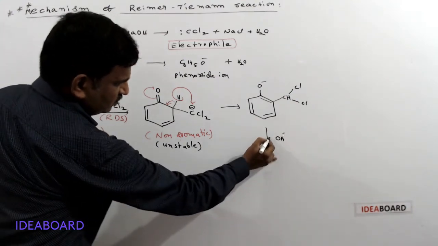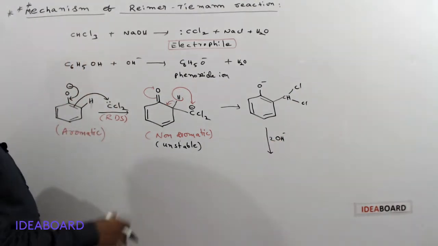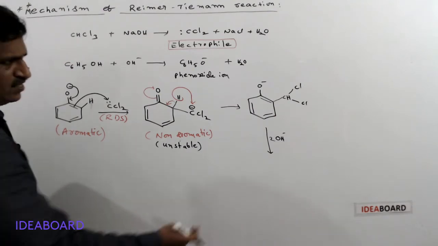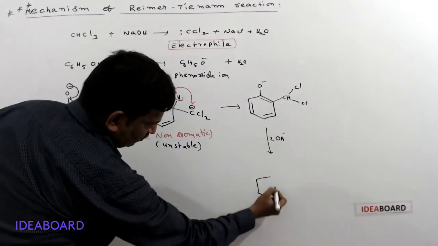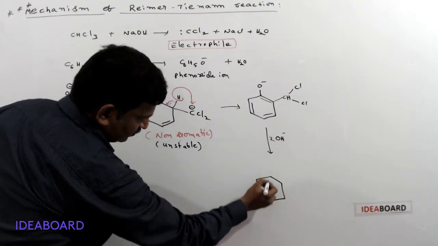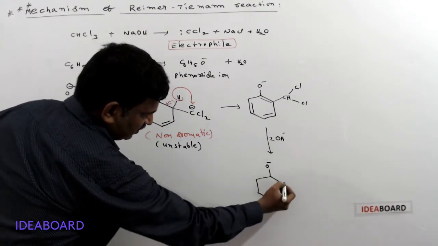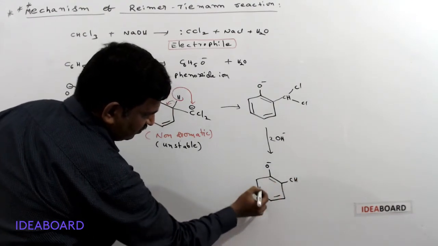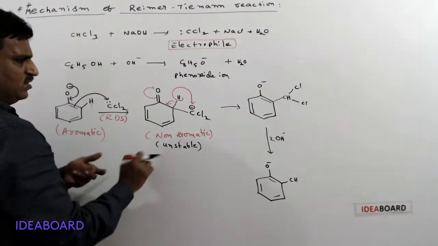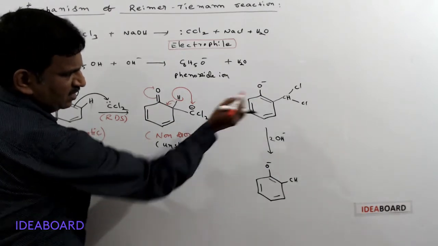OH minus means, for example, two sodium hydroxide molecules are reacting, two chlorine atoms are replaced. So what is the product formed here? Here it is phenoxide ion, here CH and pi bond, pi bond, pi bond. Now see, this is not aromatic but this is aromatic.